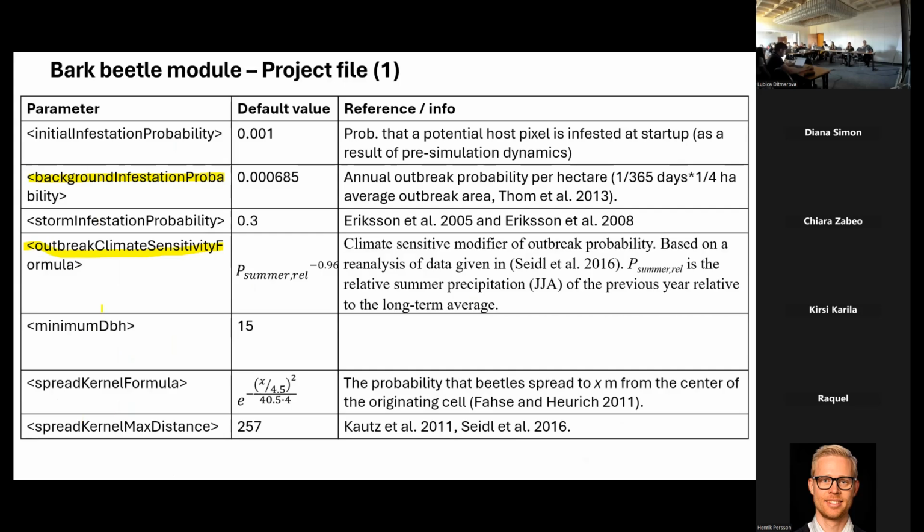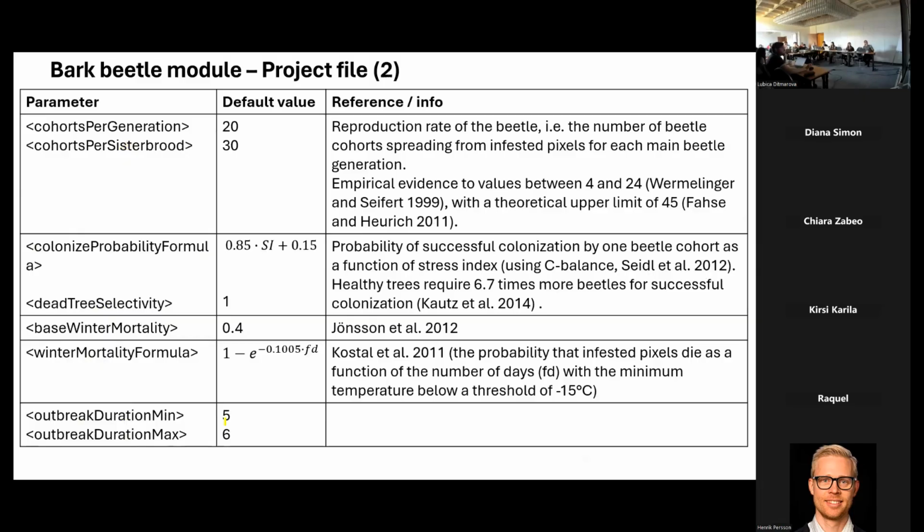The minimum diameter for trees to be colonized is now 15, but it can be changed. The kernel formula that I told you about is the probability that beetles spread to a certain distance from the originating cell, and this formula is evaluated up to 257 meters, as other people did. Then the generation cohorts: this is the reproduction rate of the beetles, the number of beetles spreading from an infested pixel in each generation.